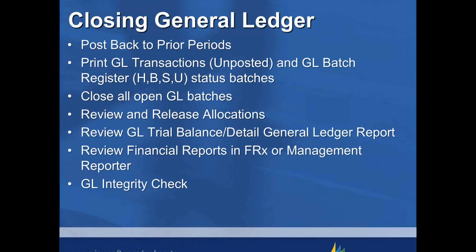That should, of course, tie back to the bottom line on the trial balance. You want to also take a look at your financial reports, whether you're using FRX or Management Reporter or even BI 360, to make sure that they tie back to the general ledger trial balance.